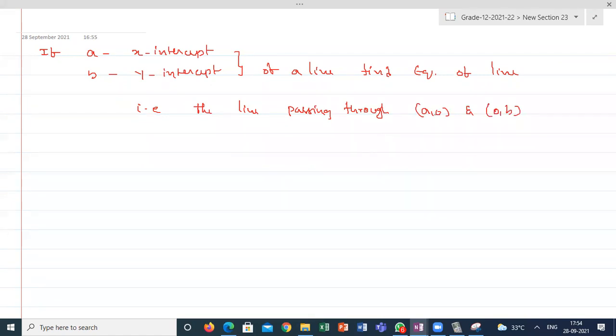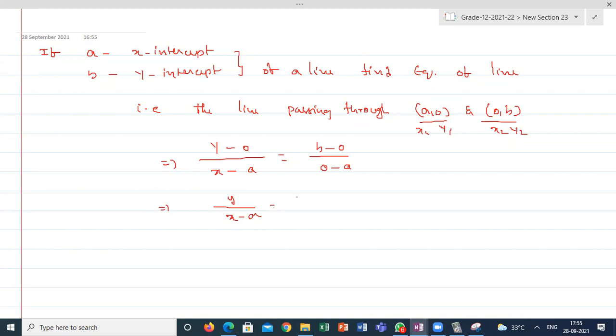If a line is passing through 2 points, how to calculate? This is x1, y1, x2, y2. (y minus y1) by (x minus x1) will be equal to (y2 minus y1) by (x2 minus x1). So I'm getting the equation y by (x minus a) is equal to b by minus a.